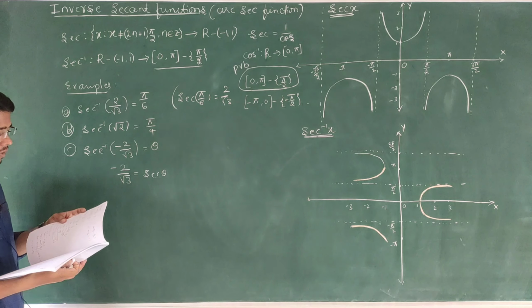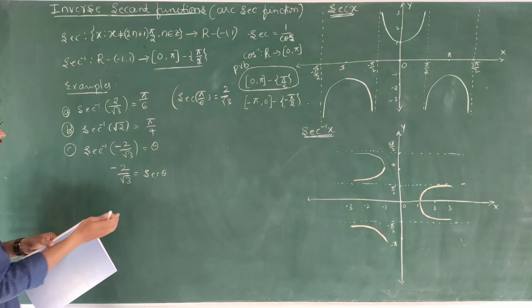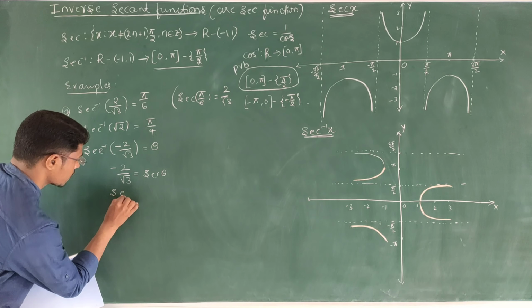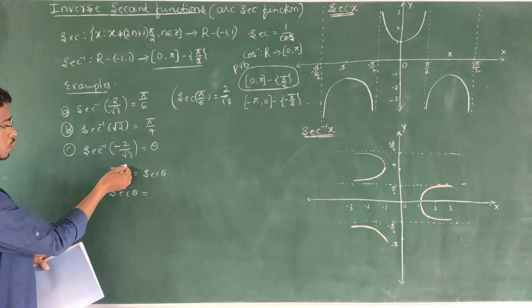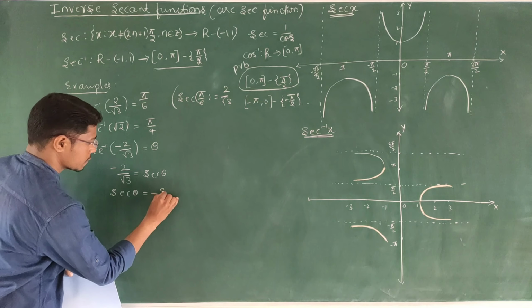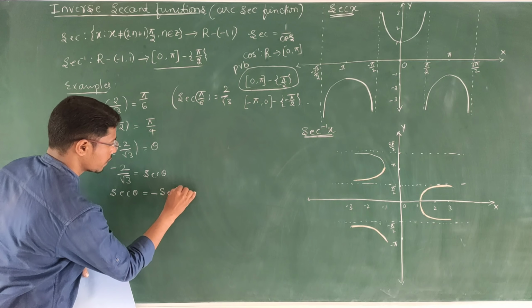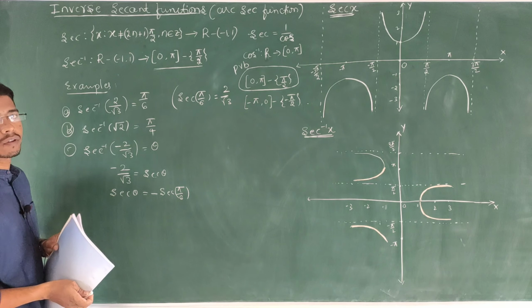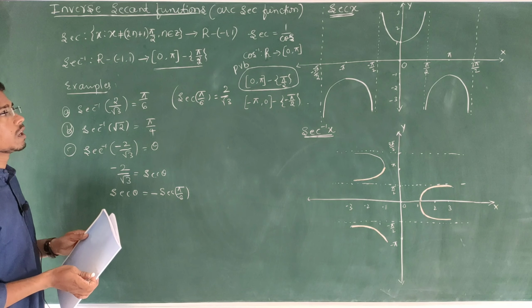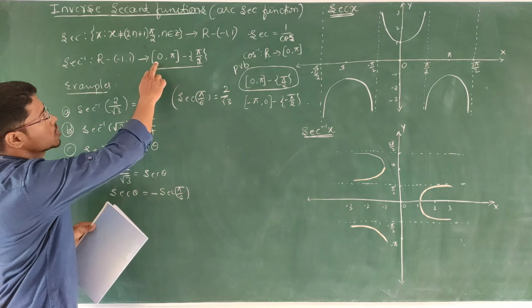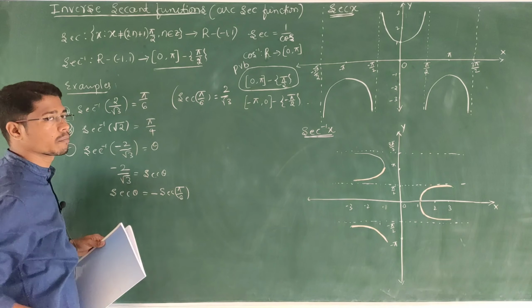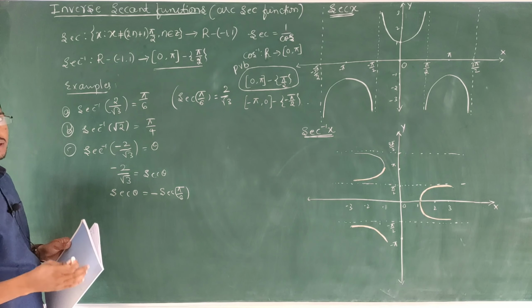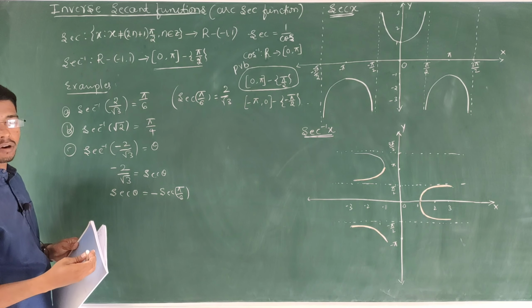Next, sec theta, I will write this side, is equal to 2 by root 3 when sec pi divided by 6. Sec is negative in the second and third quadrant. However, our principal value branch is 0 to pi, except pi by 2. We have to consider the second quadrant only.